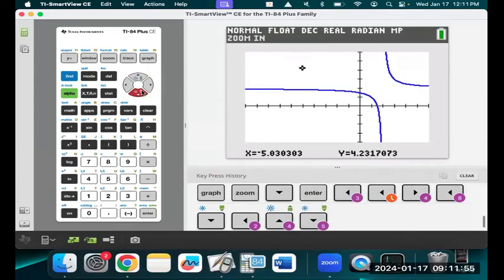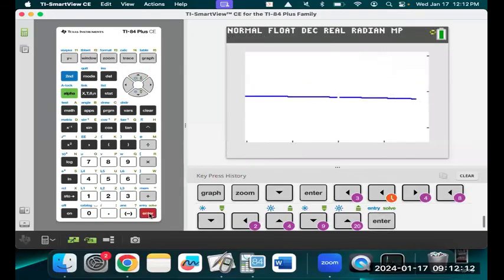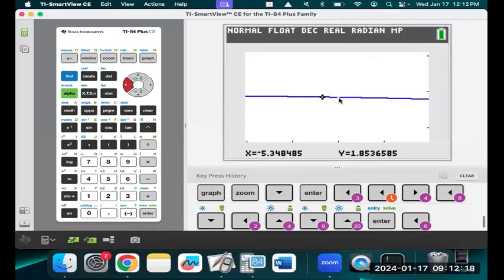Oh, too high. Sorry, guys. Okay. Oh, do you see that tiny little blip? With the cursor out of the way. There's a tiny little blip there, so there's truly a hole.